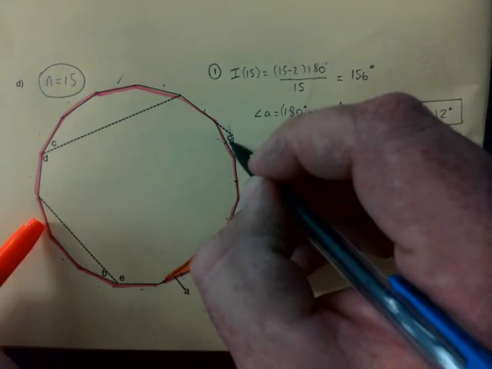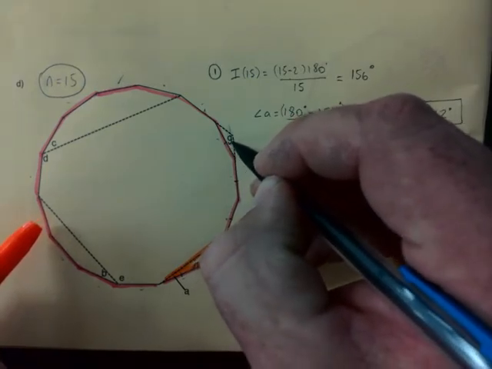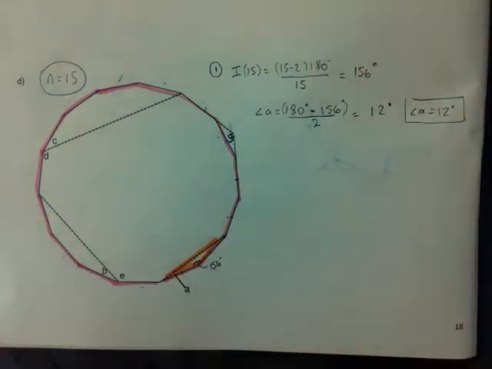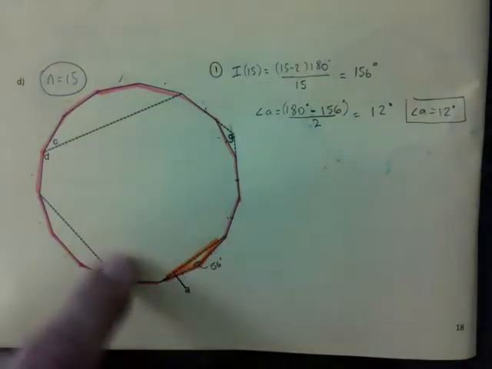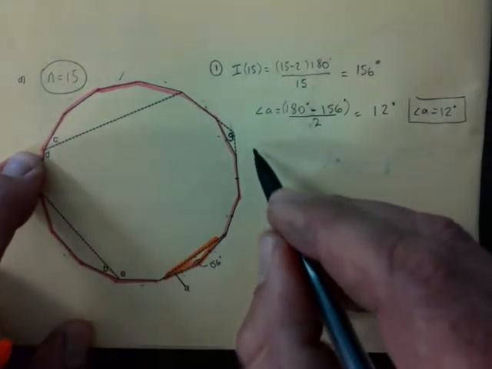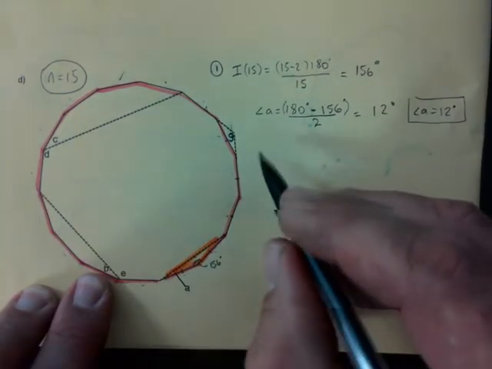E, F, let's call it G, sure. That probably works better. You can call it X, whatever. But that angle right there is that one. Do you notice that that is outside of the polygon? Do you notice the dashed lines? So I'm going to leave it for now. I'm going to park that. I'm going to focus on what's inside. So C next, or B, never mind. It doesn't really matter.